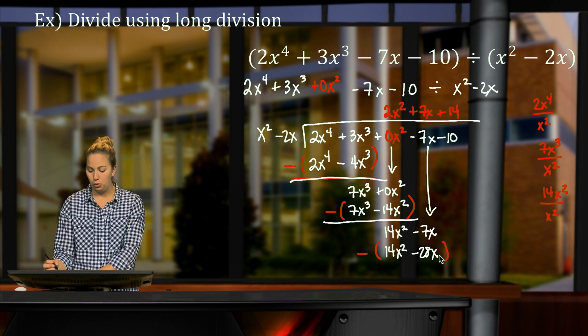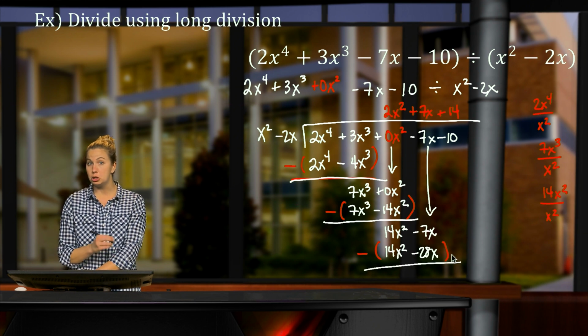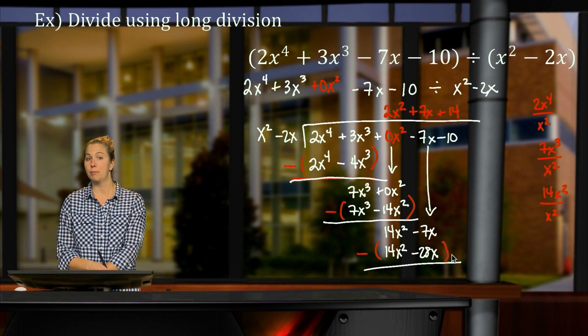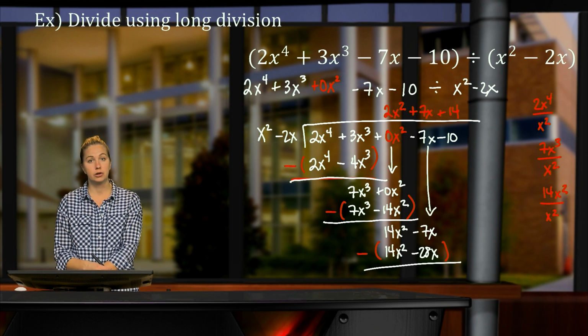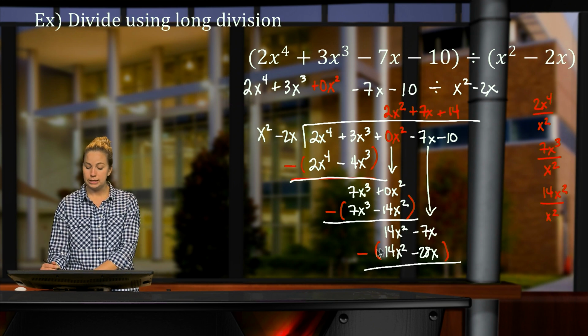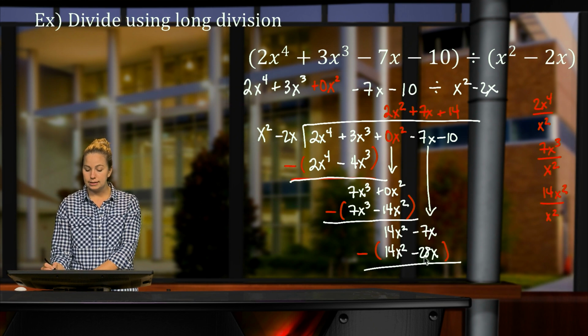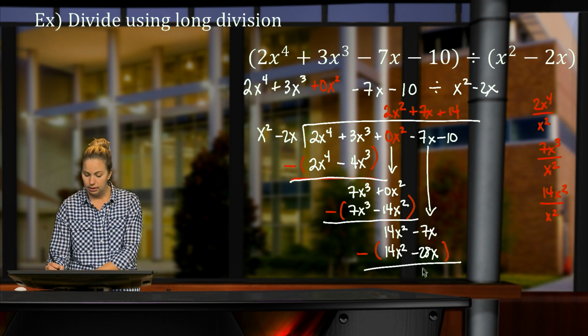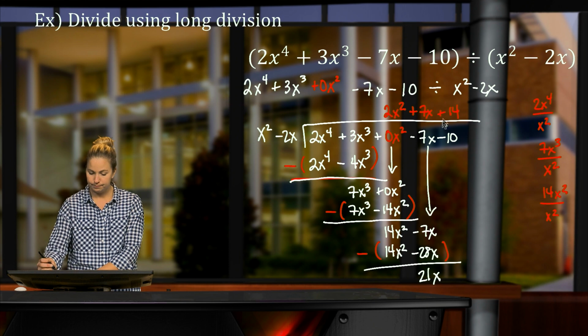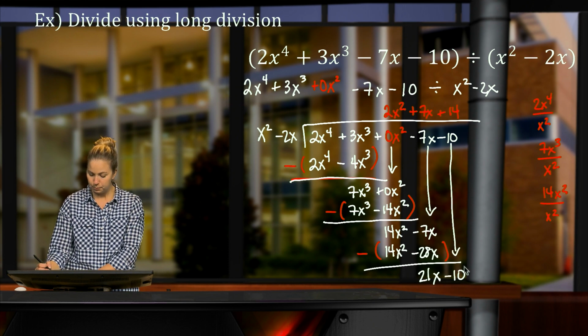I'm subtracting the whole thing, so I'm going to use parentheses to remember to distribute. And hopefully you remember the sound of my voice when you are doing this on your own at home. 14x squared minus 14x squared is 0. Negative 7x plus 28x is 21x. Bring down the minus 10.